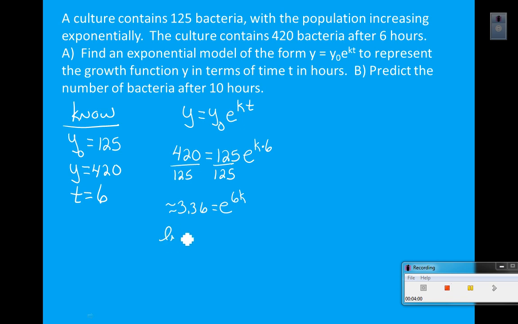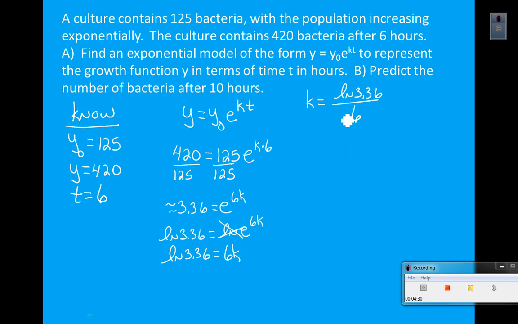So I'm going to have the natural log of 3.36 equals the natural log of e to the 6k. But we know the natural log and e are inverses of each other, so they're going to cancel each other out. So I've got the natural log of 3.36 is equal to 6k. So k must be the natural log of 3.36 all over 6. So that's my k value.